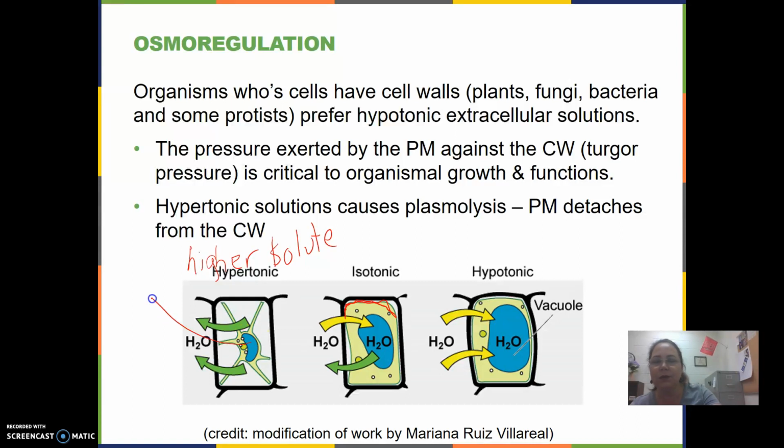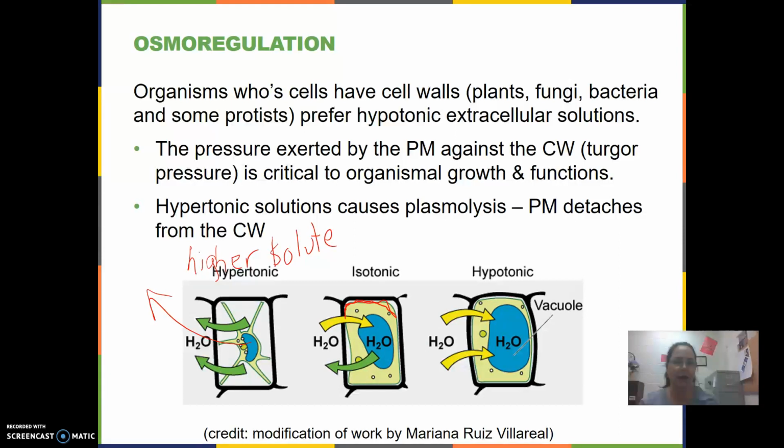Water is going to follow the higher solute concentration. Water follows solute. So the plasma membrane is going to shrink away from the cell wall. And what you would see in the plant is the plant would wilt, and it would probably kill the plant.